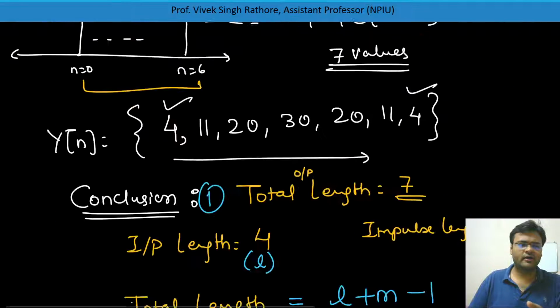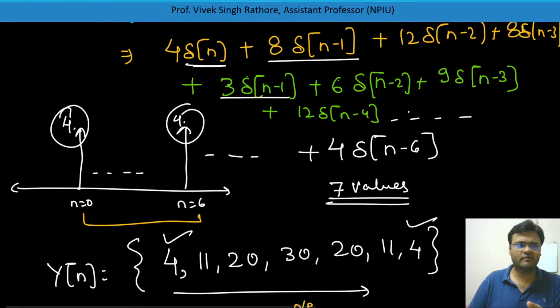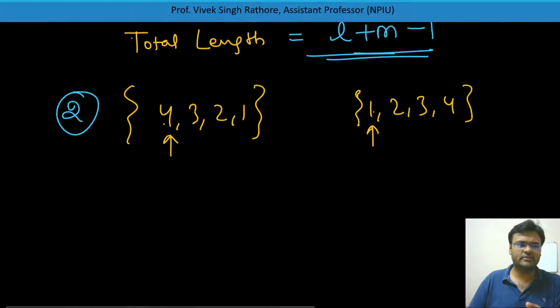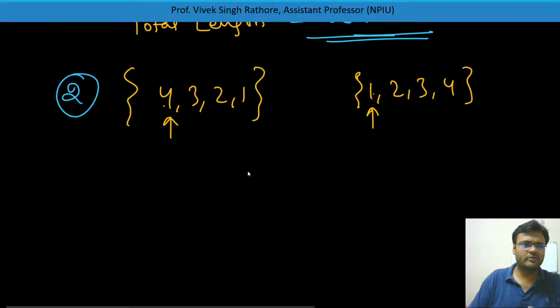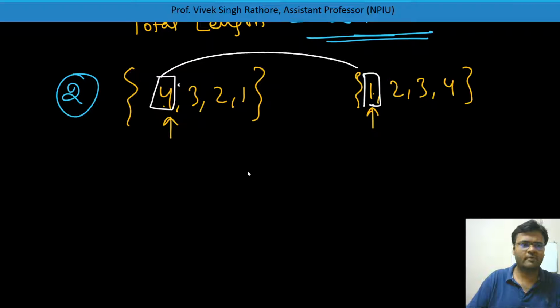So the output is 4 ones are 4, right? Whatever the first values are here, both are multiplied, and the first value of the output will be the product of the lowest values of both.